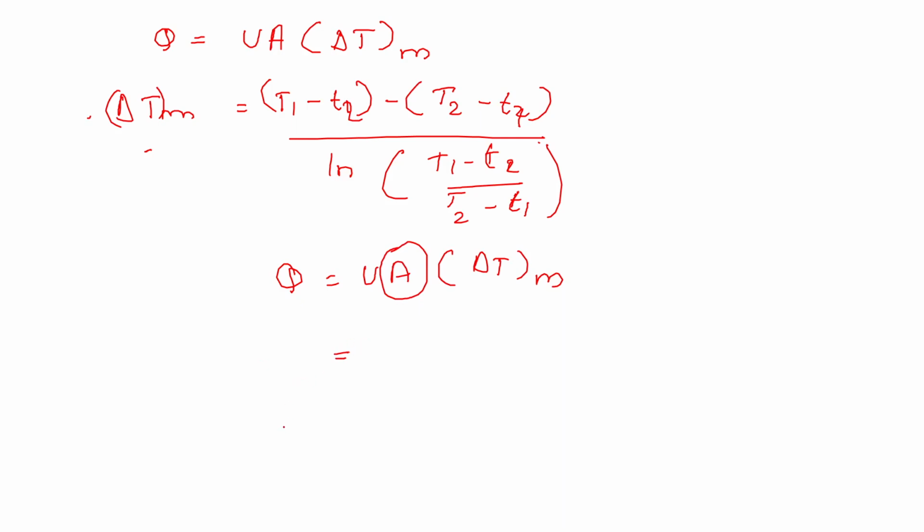Substitute the Q value, that is 162 times 10 to the power 3 that we solved earlier, and the U value is given as 280, and delta Tm is nearly 35.8 degrees Celsius. Solve it and share the answer in meters square. How much are you getting?